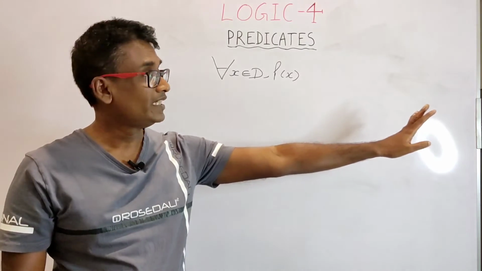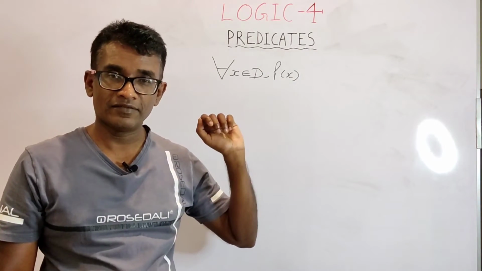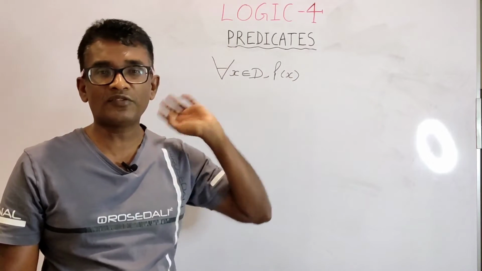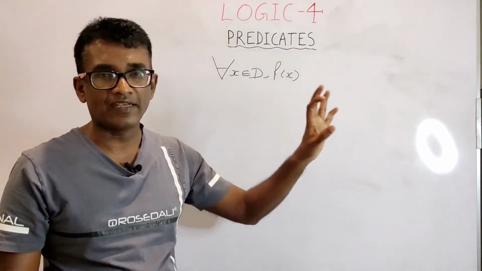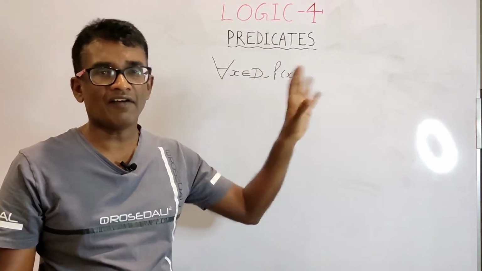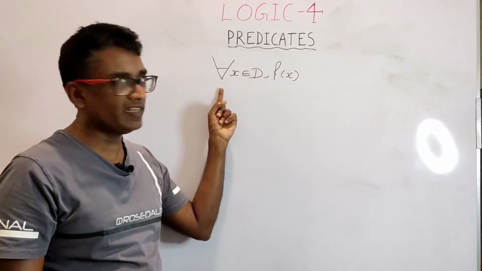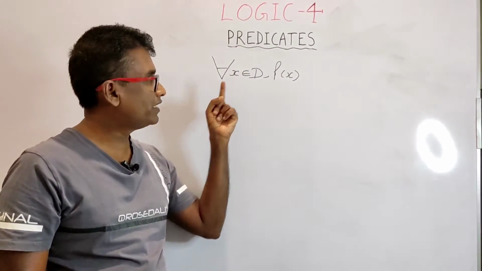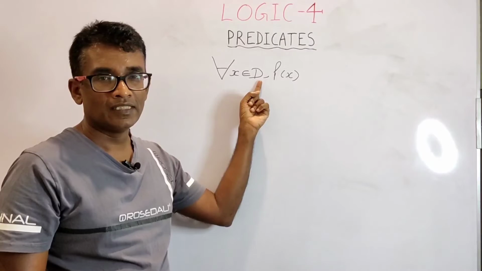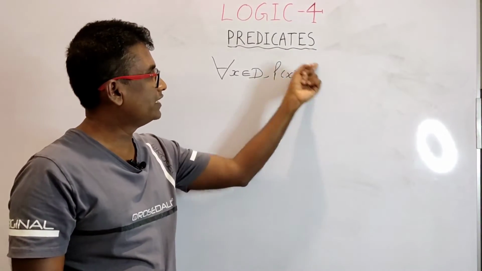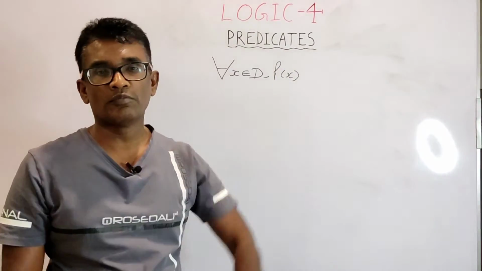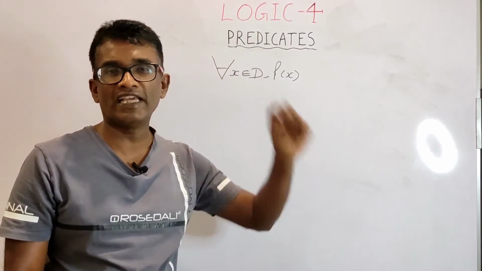Instead of saying that, it is always enough to say that if one element in D does not have this property, then this cannot be true, because here we are talking about all the elements.